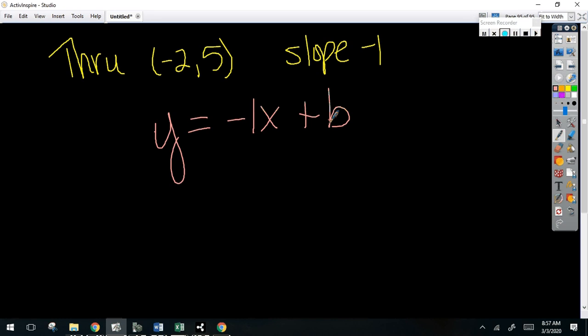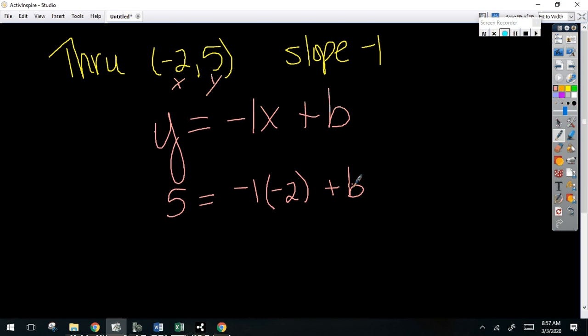Okay, so take the point they give you. Let this be x and this be y. So 5 equals -1 times what? Plus b.